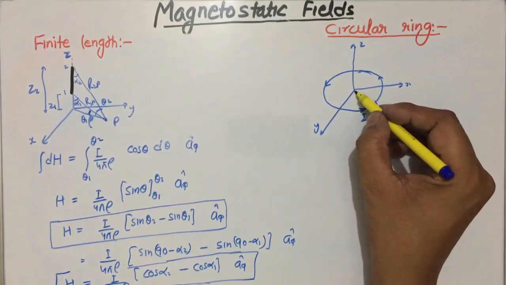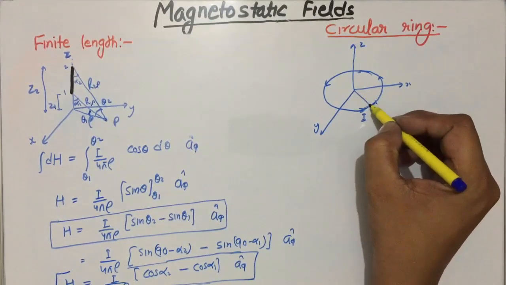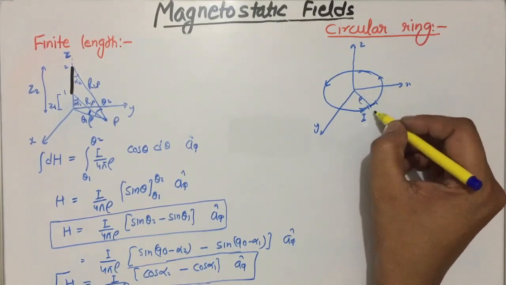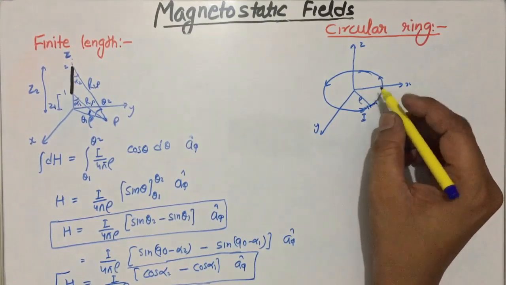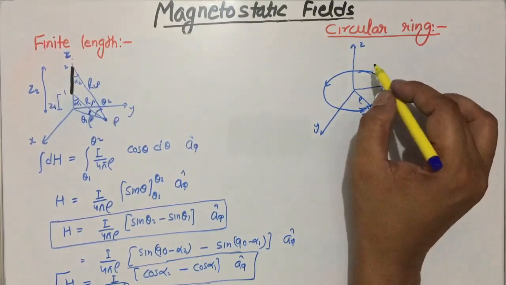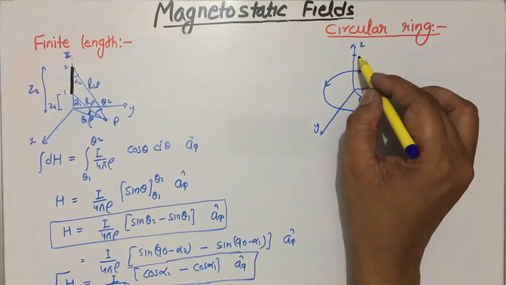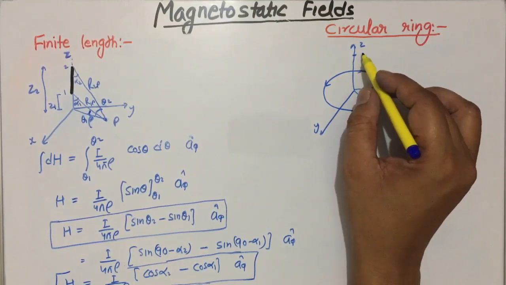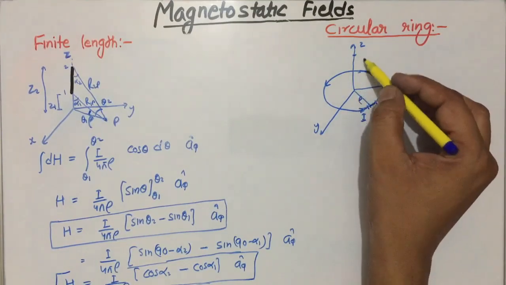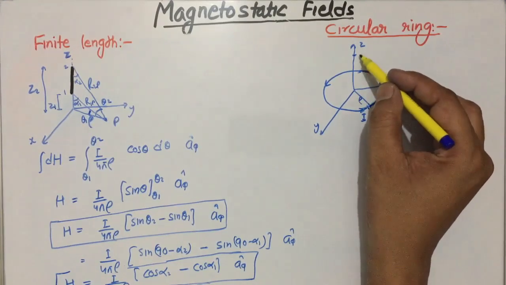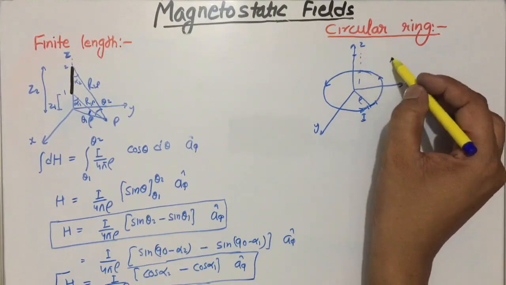For this current element, this will be our rho, and if we wish to find the magnetic field intensity at a height of h from here, so we can say this is of height h.